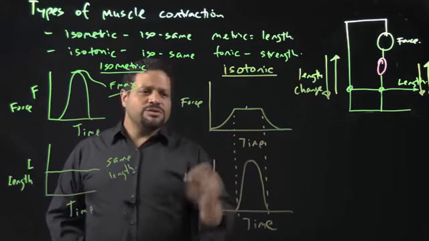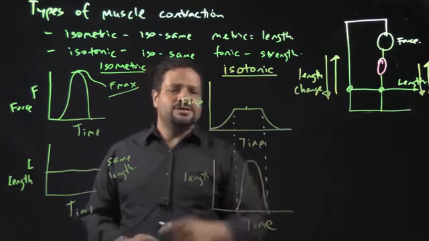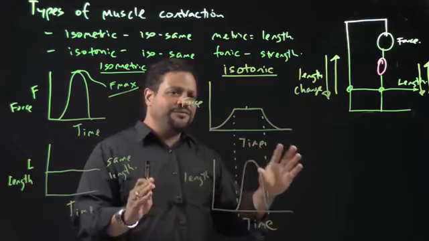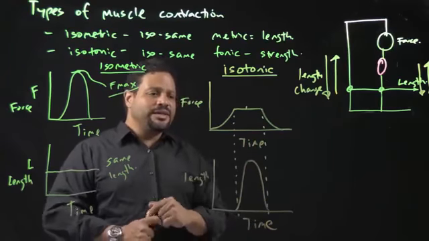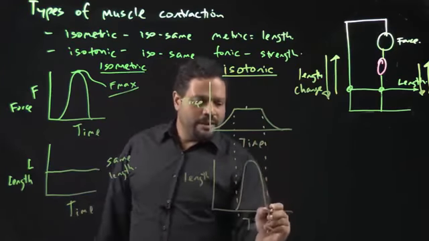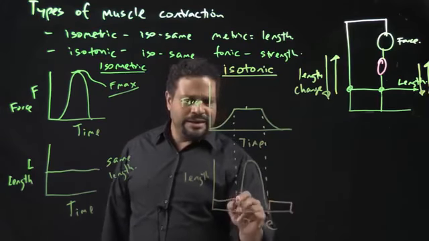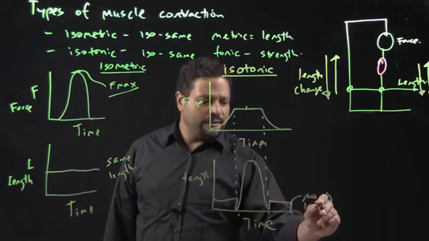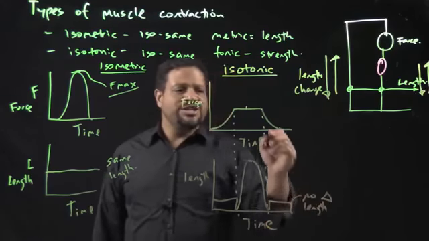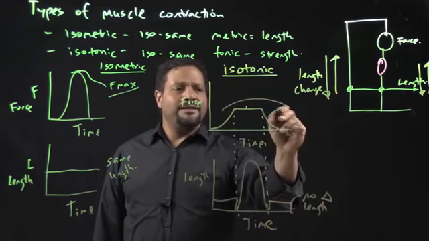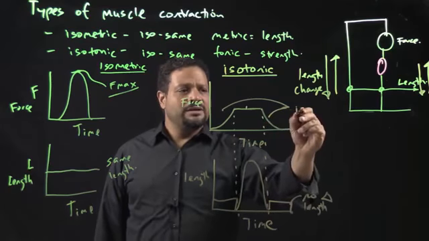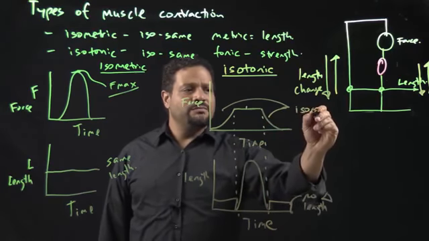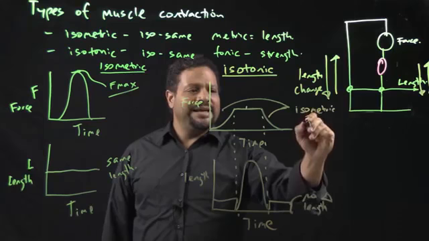What you should also appreciate within the isotonic contractions is that there are different phases within this muscle contraction. Here and here, there is no change in length. Since there's no change in length, and this causes students confusion, these are called the isometric phase.